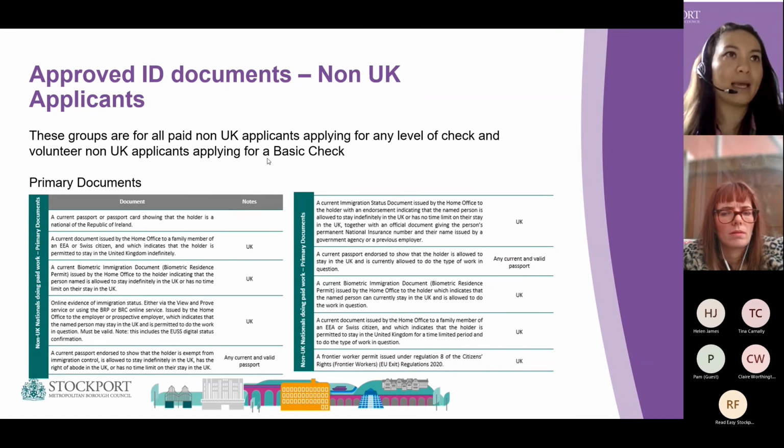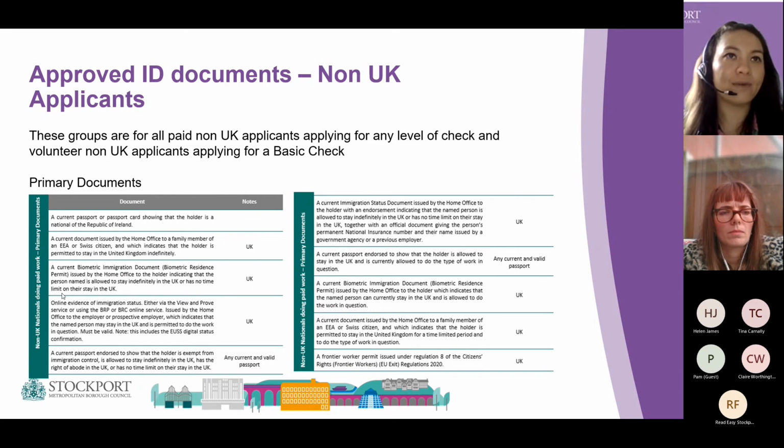So probably a passport with a visa within it, or a biometric residency permit, or the most common one nowadays is this online evidence, which you might be aware of if you're having to check someone's right to work.